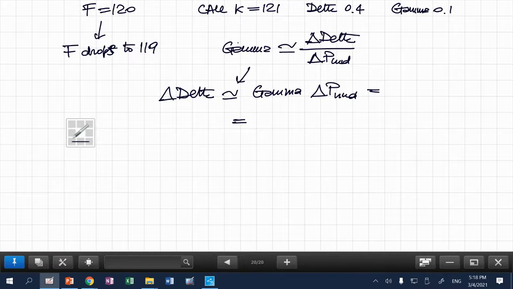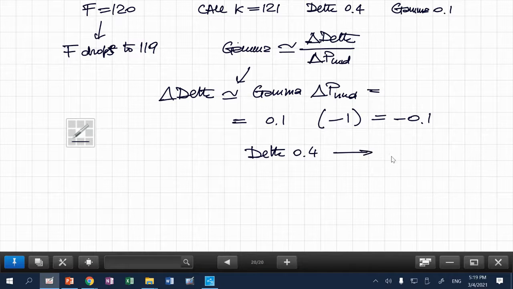Here I have a change in the price of the underlying of -1, because the price is dropping from 120 to 119, so I should expect a change in delta equal to 0.1 times -1. So a reduction of 0.1 in my delta. Have I been clear? In other words, I can say that my delta is 0.4 and I expect to have a delta around 0.3. Have I been clear?